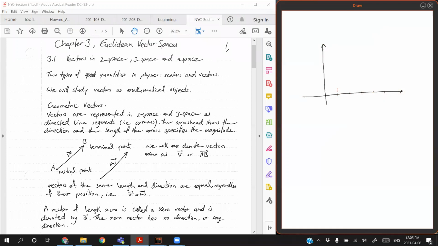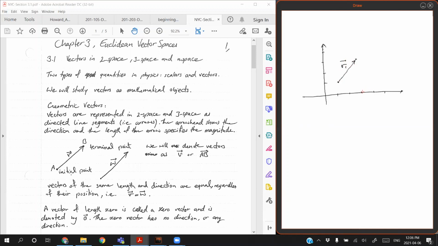Let's say you have a vector that starts at (1, 1) and ends at (3, 3). I'm going to call that vector V1.